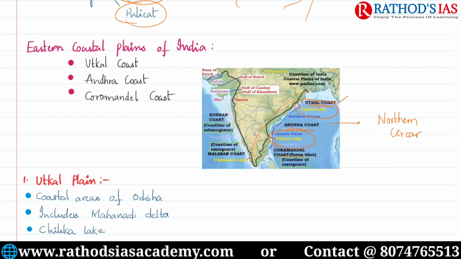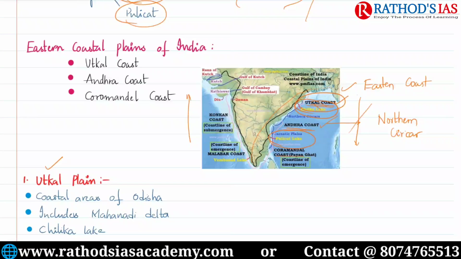So here we have Utkal coast to the north, and towards the south of Utkal coast we have Andhra coast or Northern Sarkar, and towards the south of this we have the Coromandel coast. And you have to be well versed with this north to south division and as well as south to north division, because you can get a question in this way in your prelims. So next, let us talk about this Utkal plain, the northernmost part of this eastern coast.